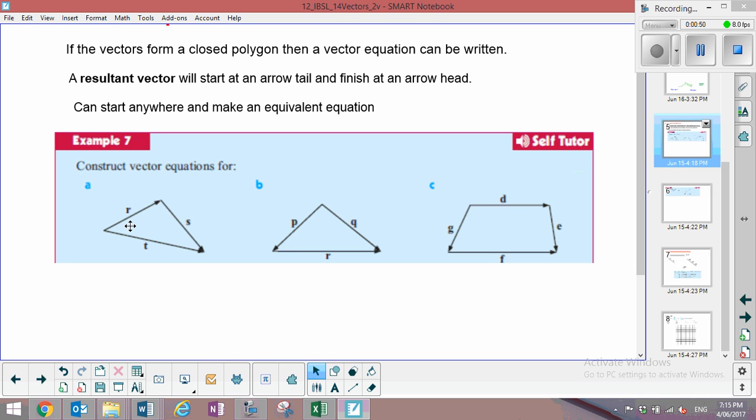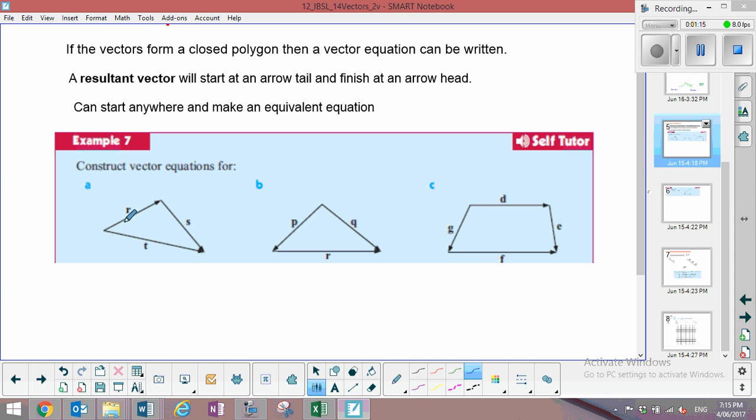Let's say we've got two vectors, in this case r and s. They might be distance vectors. We're going this direction for r, a certain magnitude and direction. Then we go this direction with s and that distance. The net result is we've gone from here to there. So this is our resultant vector.